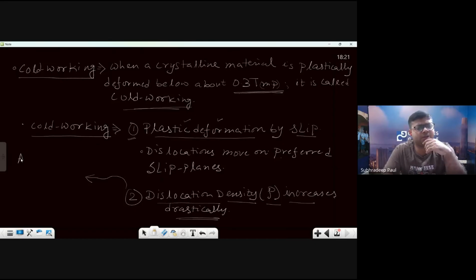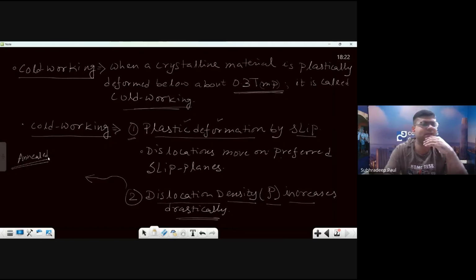For example, if we are talking about an annealed material, annealed means a stress-free material, right? We have heated the material to a substantially high temperature for quite a long period of time, and then we have cooled it.